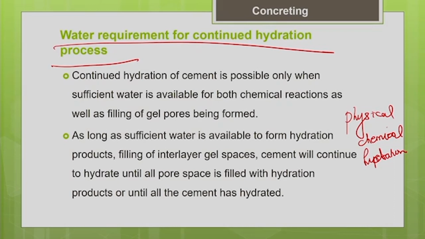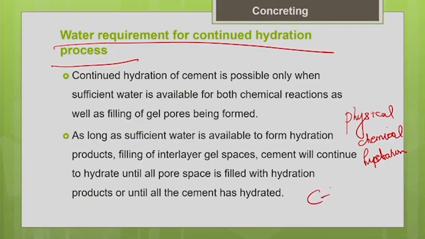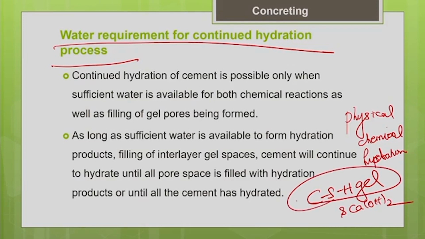Your silicates and aluminates react with the water and form different hydration products. The main hydration products are CSH gel, which is calcium silicate hydrate, and calcium hydroxide. The main hydration product which contributes to the strength is your CSH gel, calcium silicate hydrate.